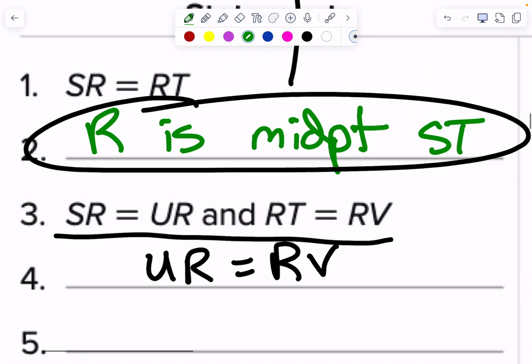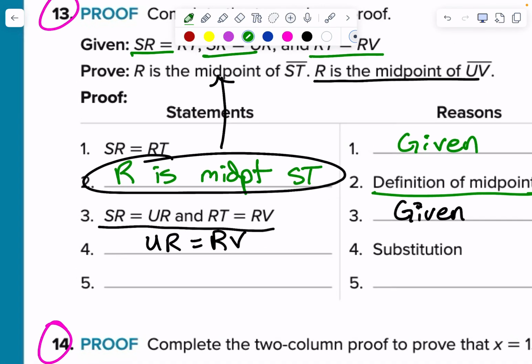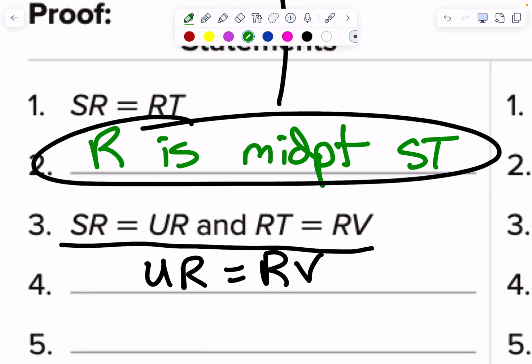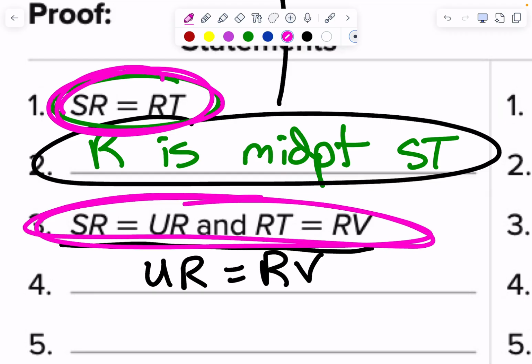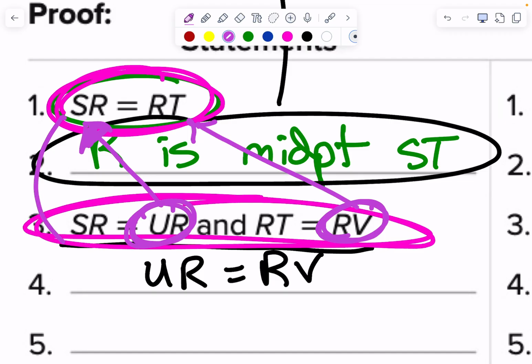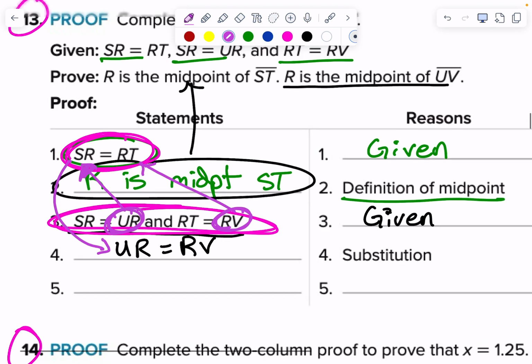Yes. If I look at number 4, check this out. If I look at all 3 of these pieces, I'm going to circle them in pink. We have SR is equal to UR. I'm going to put that in place of SR. RT is equal to RV, so I'm going to put that in there. If I take UR and plug it in there, and take RV and plug it in there, then this will read UR and RV are the same by substitution.